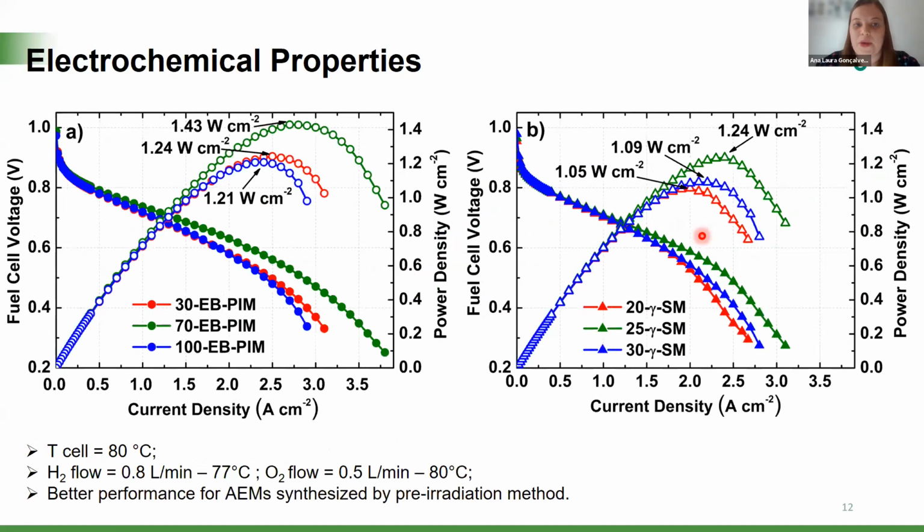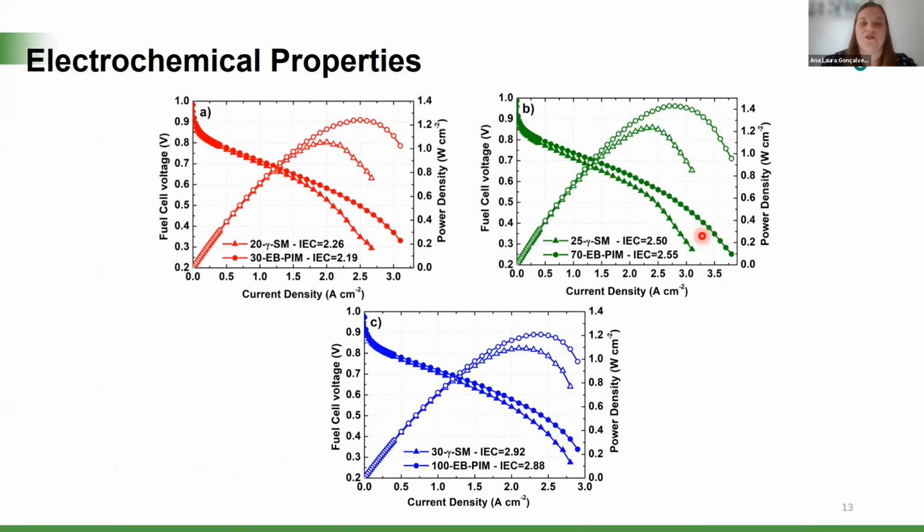We also tested these membranes in fuel cells, and we observed that the performance of the membranes synthesized by the pre-irradiation method is better than in the other case. Here we can see that better. So the pre-irradiation method is better than the simultaneous method in terms of membrane performance.